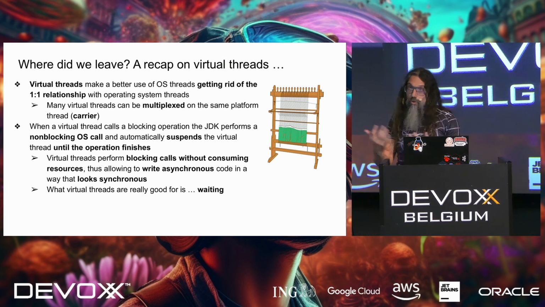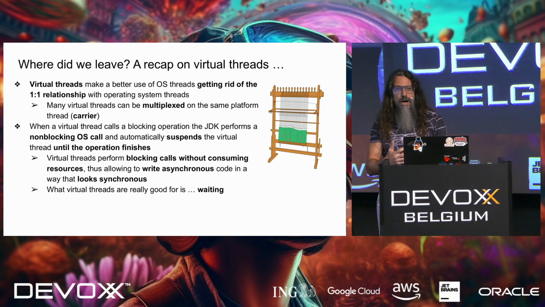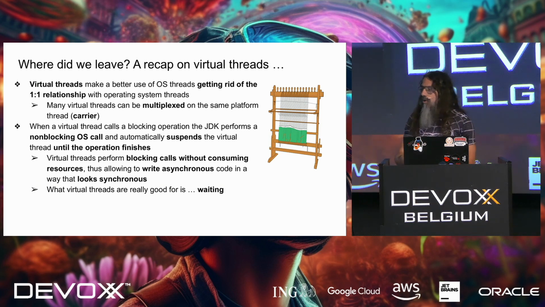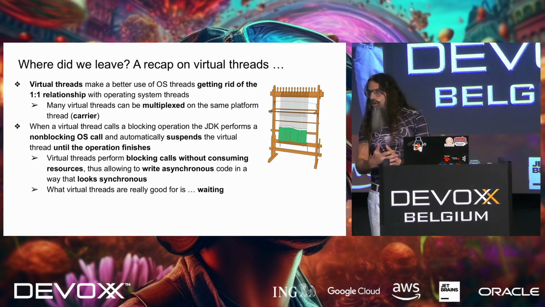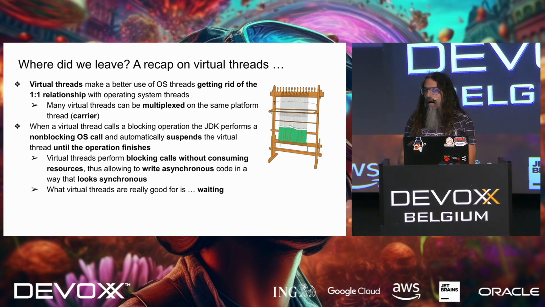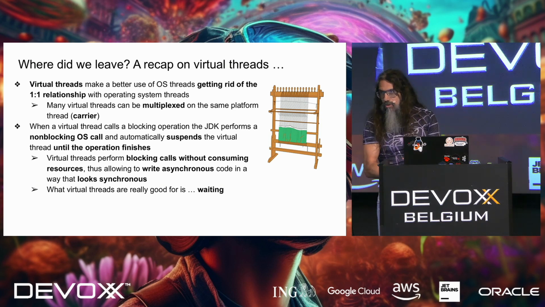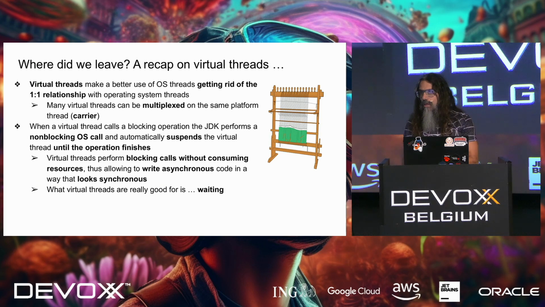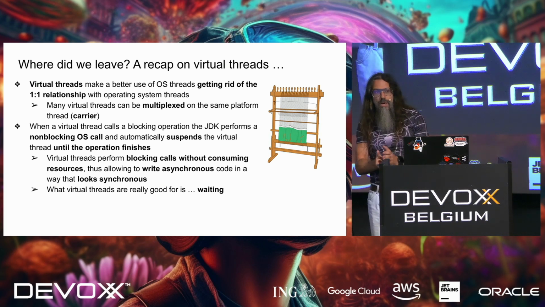This happens when it performs a blocking operation, because you don't want to block a native thread, which is a scarce resource, but it's okay to block a virtual thread because it's very, very cheap.